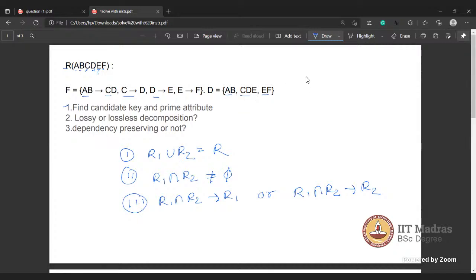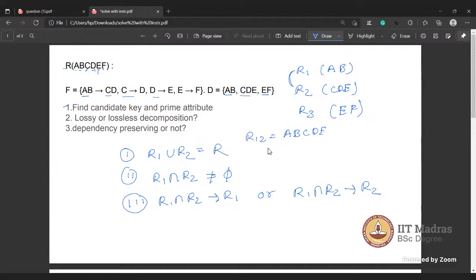So let's write R1, A, B, R2, C, D, E, or R3, E, F. First we have to see R1 union R2 equal to R. Let's form one relation with R1 and R2, which will be A, B, C, D, E. Let's join it with R3.